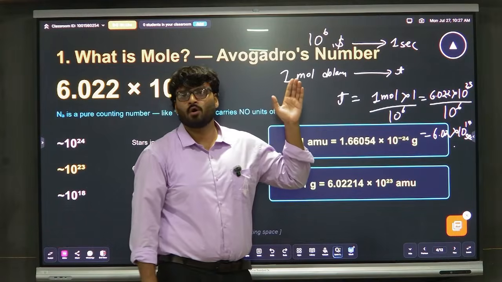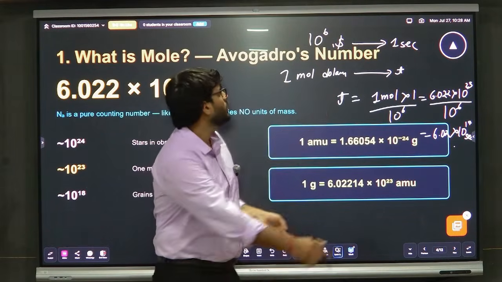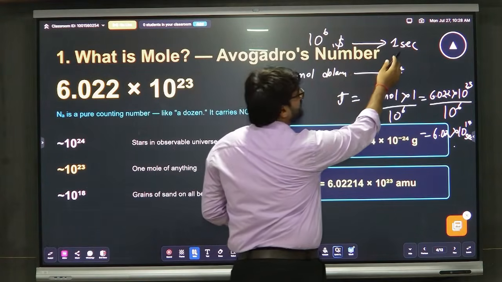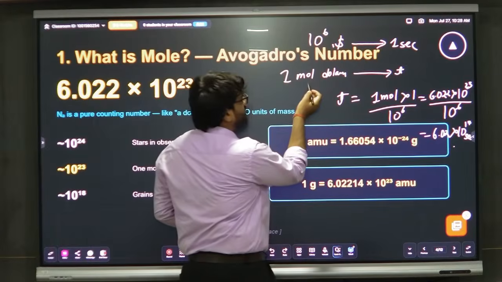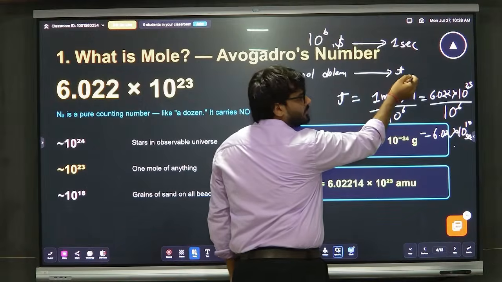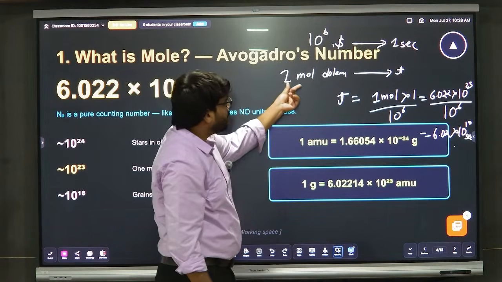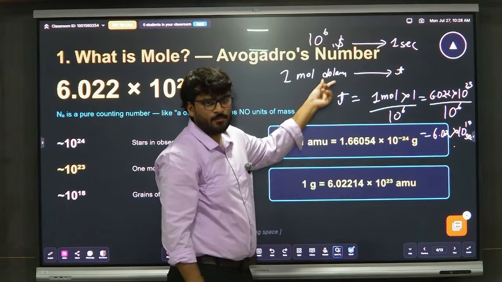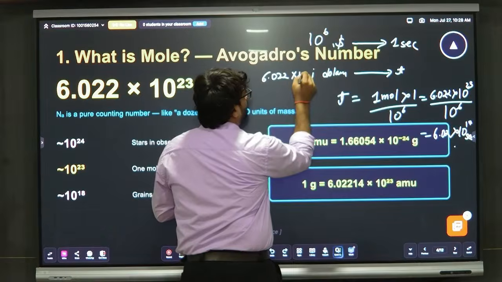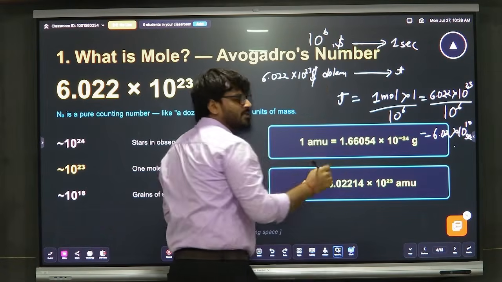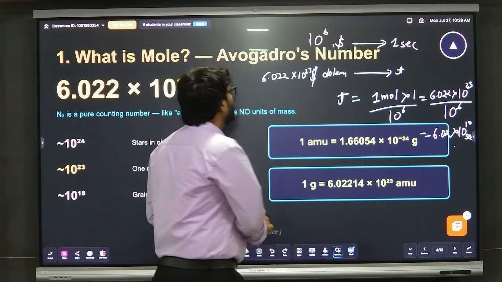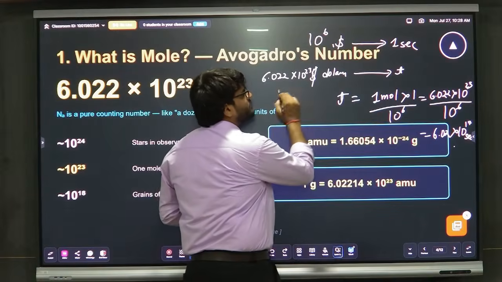For the students who don't know how to use the unitary method, I'm telling you. The question mentions that you are spending $1 million in 1 second, and it is asking if you are given 1 mole dollars, how much time it will take. In 1 mole dollar, I have 6.022 into 10 to the power 23. Whoever doesn't understand can ask me anytime. I will repeat it: for spending this much, how much time will it take?